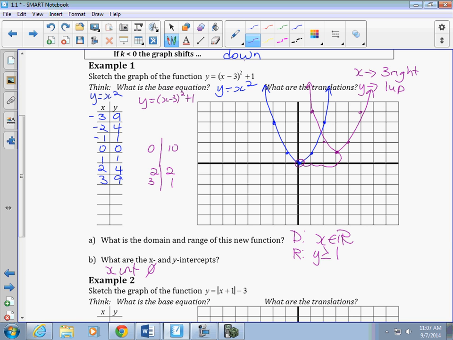Remember, to find the y-intercept, you let x equal to 0. Well, I happen to have done that right here. So y-intercept, let x equal 0 and solve, so the y-intercept is at 10, or the point 0 and 10.